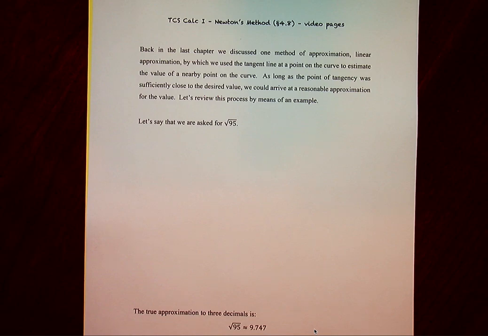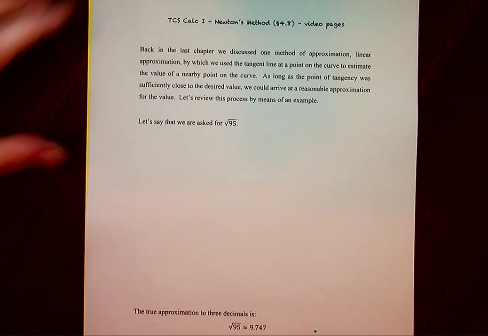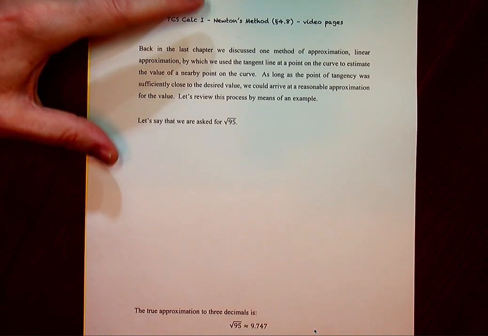Therefore an evaluation of the output at 95 on the tangent line would give you an approximation for the output of the original function. And if you're like, what? I don't remember that. Well, let's go ahead and do an example and run through it.